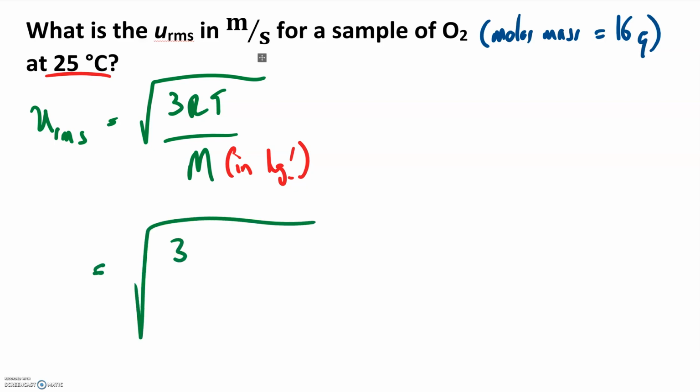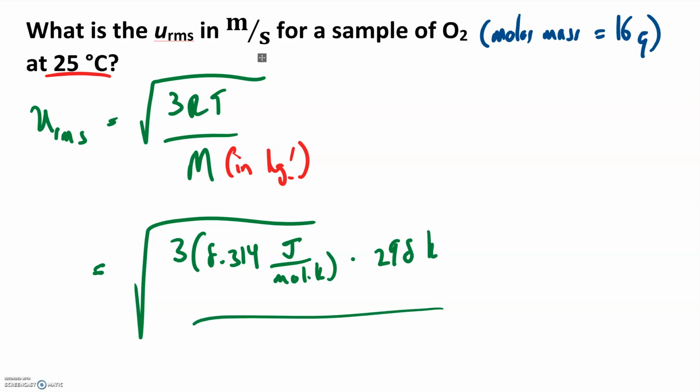We're going to say 3. The value of R is 8.314 joules over moles Kelvin times our temperature. 25 degrees Celsius is 298 kelvins. And our mass is 32 grams, but in kilograms, 0.032 kilograms.